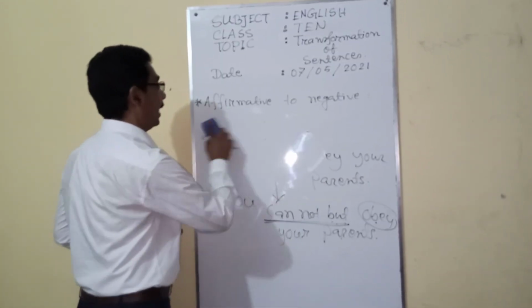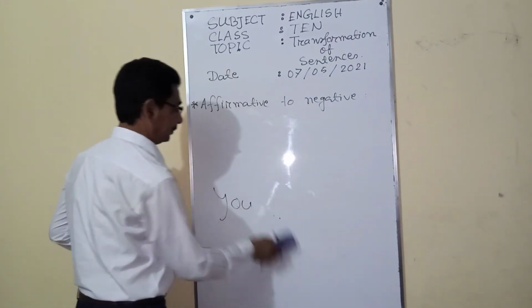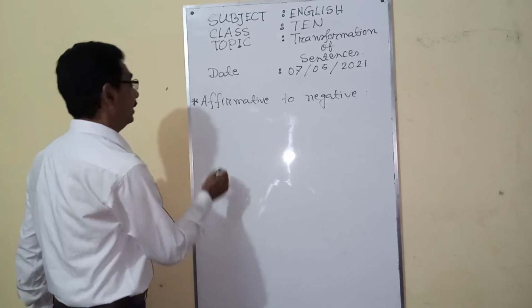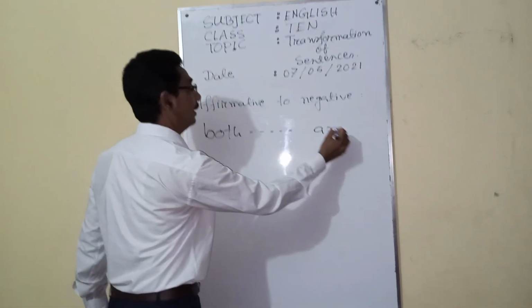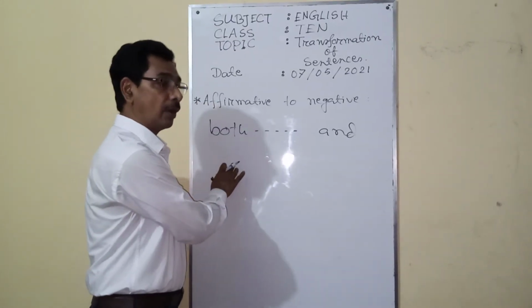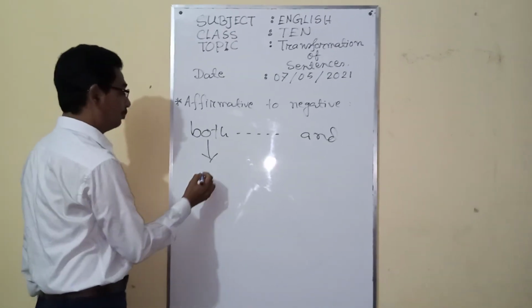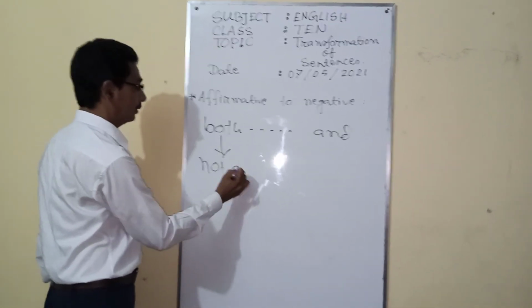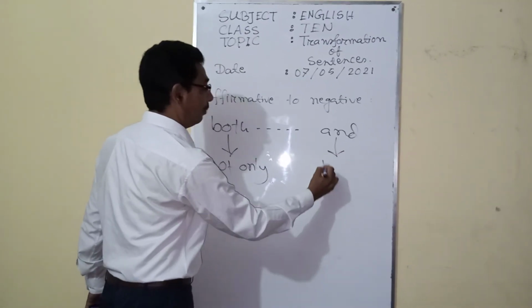Now I am doing another rule: both and. If you find a sentence with both and, how will you change this affirmative sentence to negative? You have to write down, against both, not only, and against and, but also.